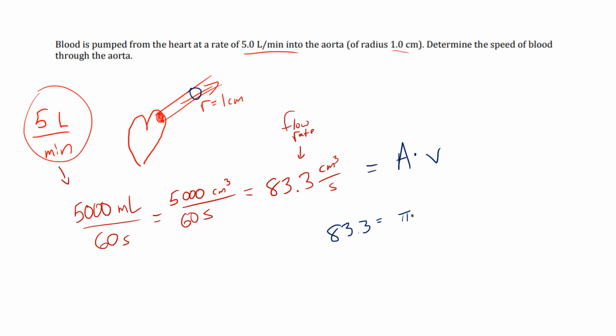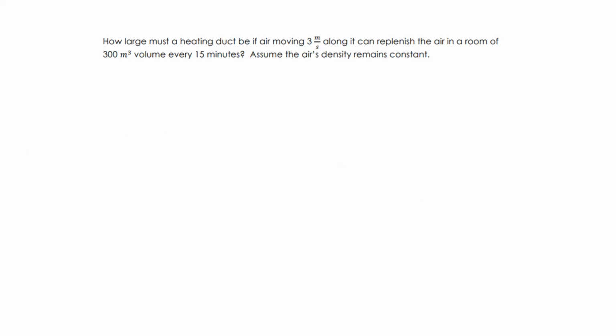So pi times 1 squared, tricky math, times V, which means that the velocity is going to be 26.5 centimeters per second. That's how fast the blood will be moving. Sounds awesome. All right, let's do one more.